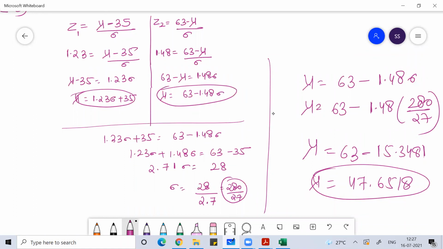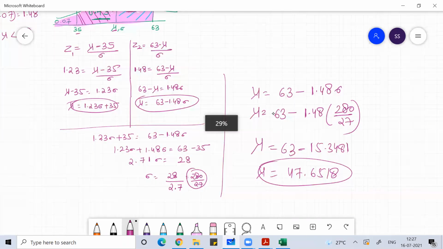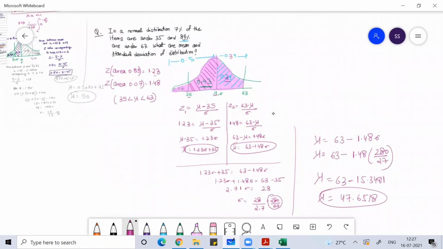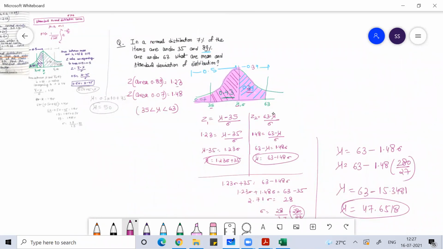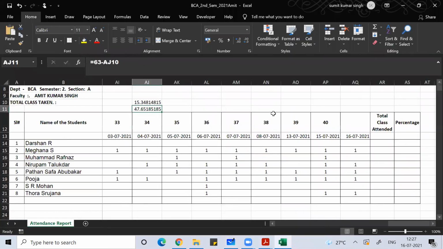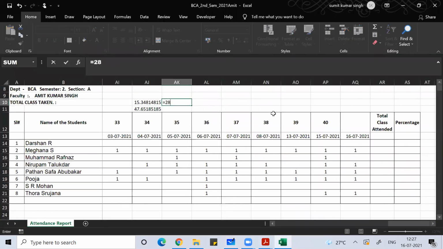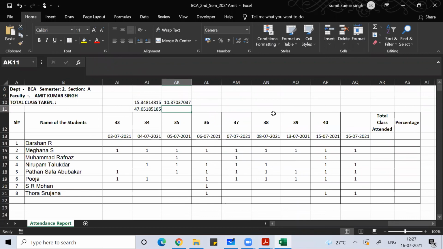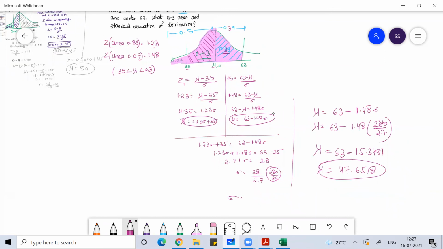Clear, everyone? You got this right. Your sigma is 280 by 27, which is 10.37. Sigma is 10.37.